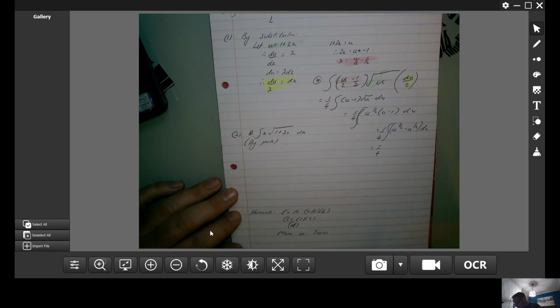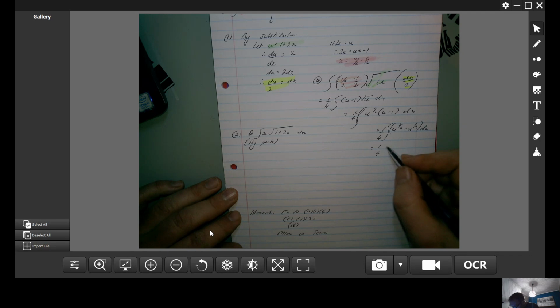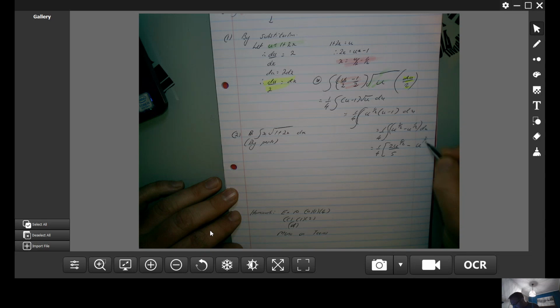Which is going to be a quarter. 3 over 2 plus 1 is 5 over 2. So it's going to be a quarter, u to the 5 over 2 divided by 5 over 2, times by 2 over 5, minus u to the 3 over 2 divided by 3 over 2, so suddenly it's timesing by 2 over 3, plus a constant. Sure, it's been longer than I thought. Which is going to be equal to a quarter times 2.